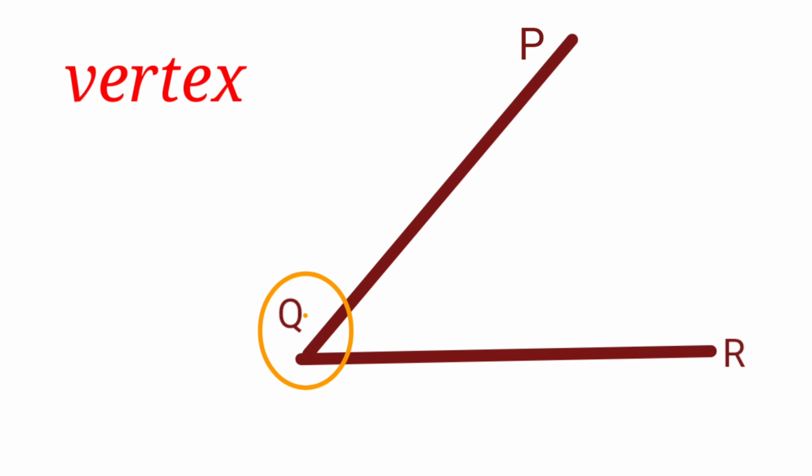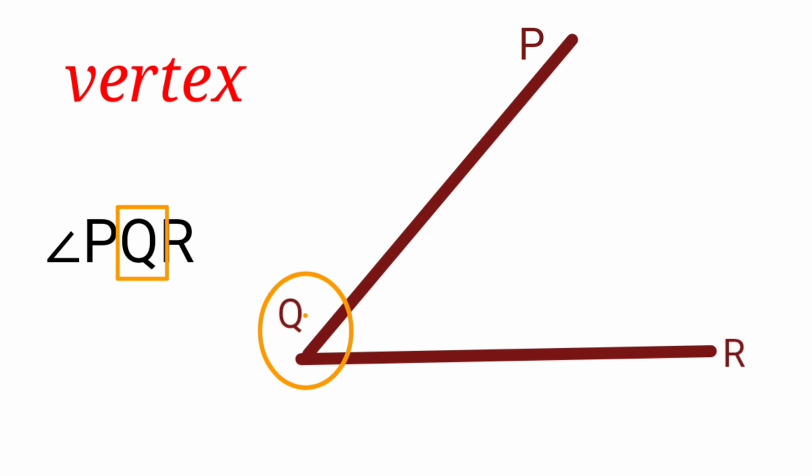While we are writing the name of an angle, if we write it as angle PQR, the vertex will always be the middle letter. That is, Q will be the vertex. The joining point of the two line segments will be the vertex. Okay. So that is all about the vertex of an angle.